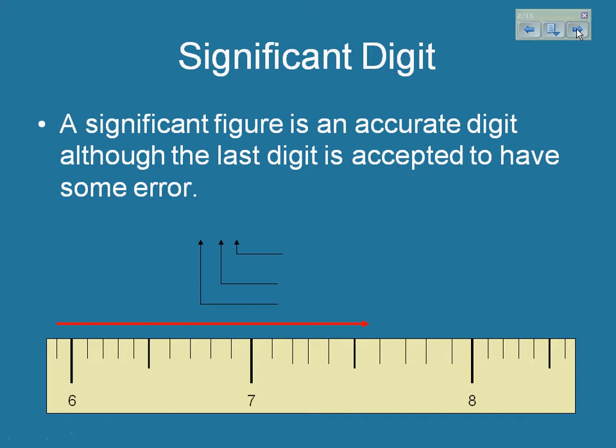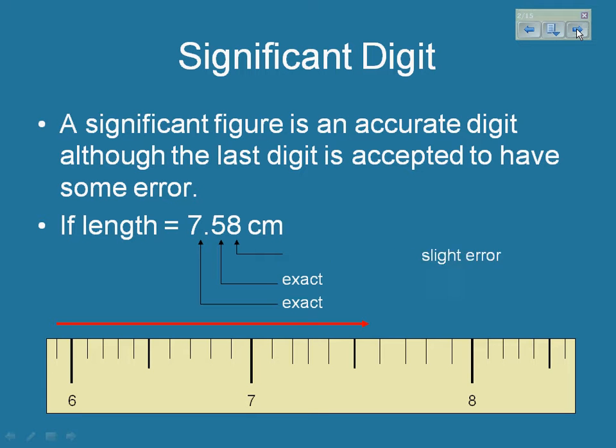So we had this red line before, and we can call it 7.58. 7 is exact, the 5 is exact, but the 8 is your best guess. And that's where you might vary from your lab partner, all right? So we had to guess that digit there.